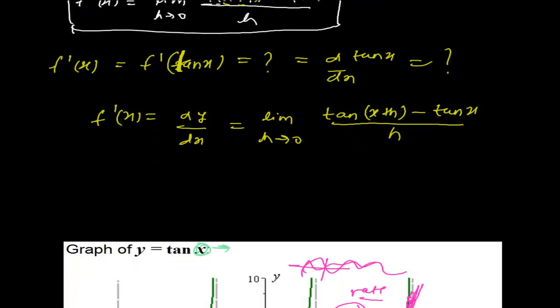So as we used to do in trigonometry, we used to convert tan or cot, everything, into sine and cos. So again I'm going to convert this tan into sine and cos, so it will be better to calculate this easily.